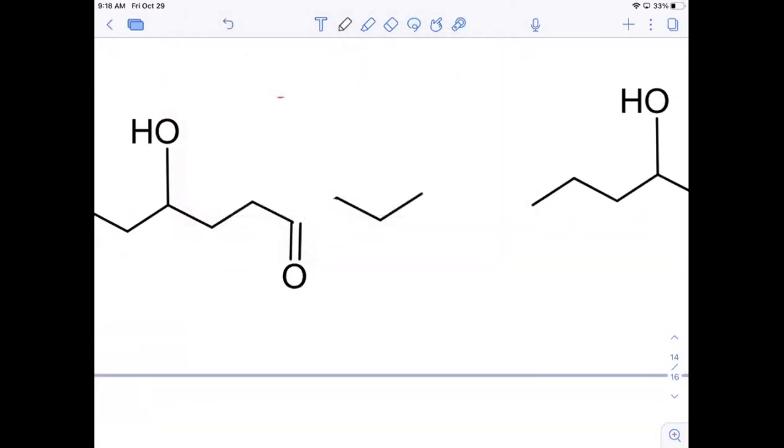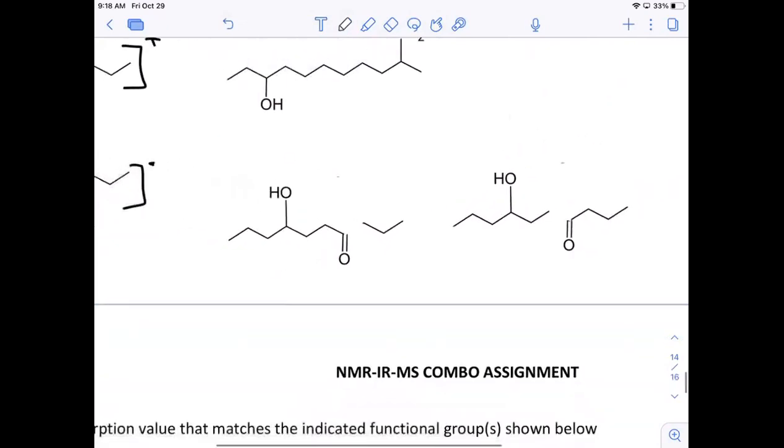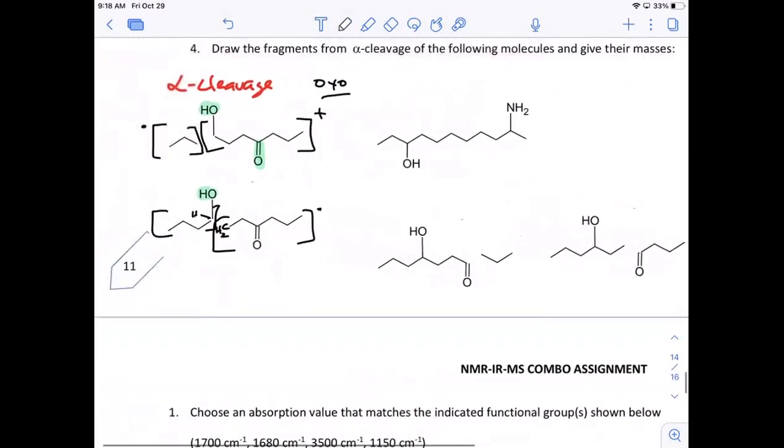That's alpha cleavage. Or I can break the bond on the other side like that. That's also alpha cleavage. So I'm going to get those 4 fragments in the mass spectrum. If I had a mass spec of that compound, those 4 fragments are all going to show up in addition to the parent, which is the molecule before you fragment it.